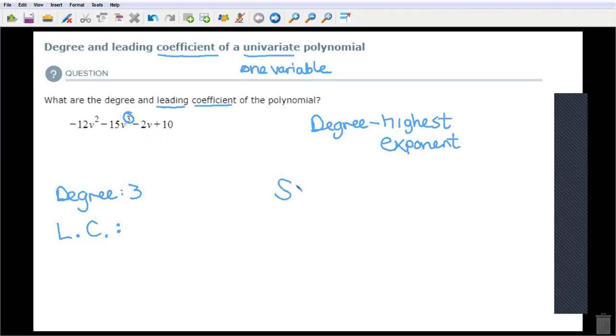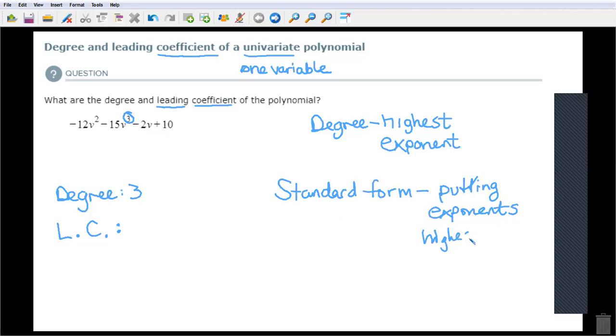There's a form that we use for these polynomials. It's called standard form. And standard form basically means putting all the exponents in order from highest to lowest. Okay, so if you take a look at our four terms here, we have exponents on all of them.